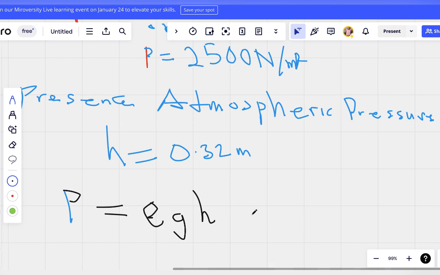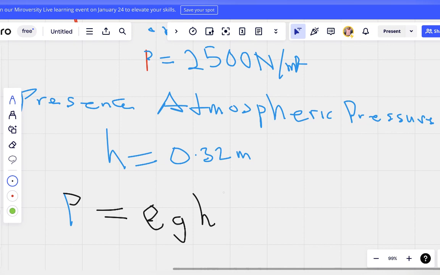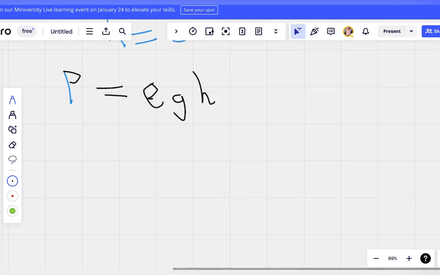So we're going to substitute the values here. You remember we got the pressure, 2,500. And we are looking for the density. We know gravity to be 10, and they've given us the height. So substituting here, we find rho, which is the density.